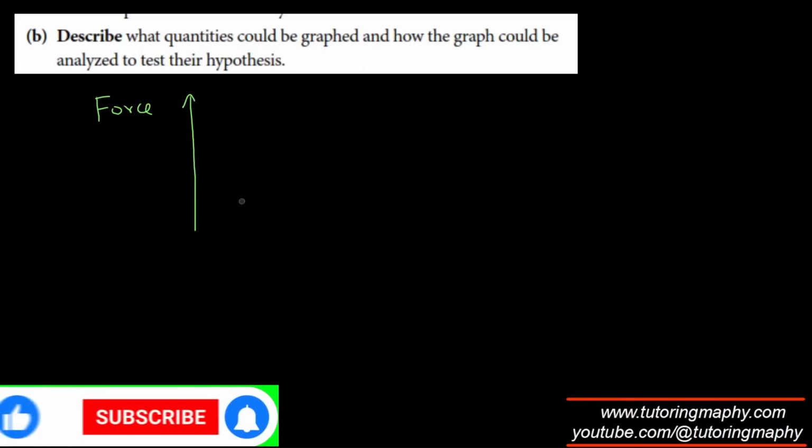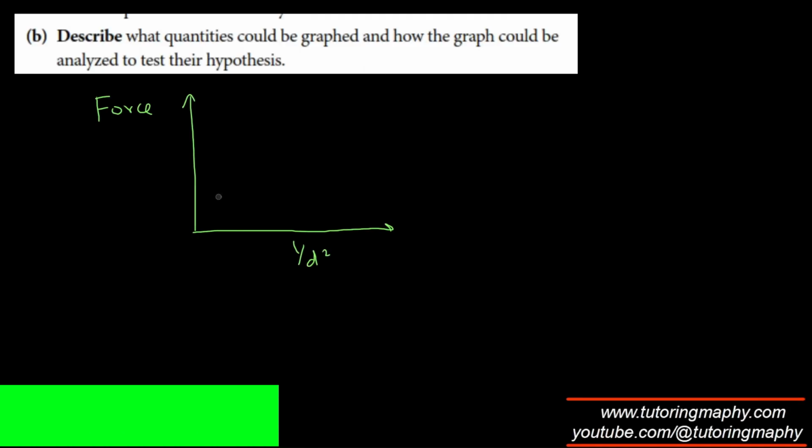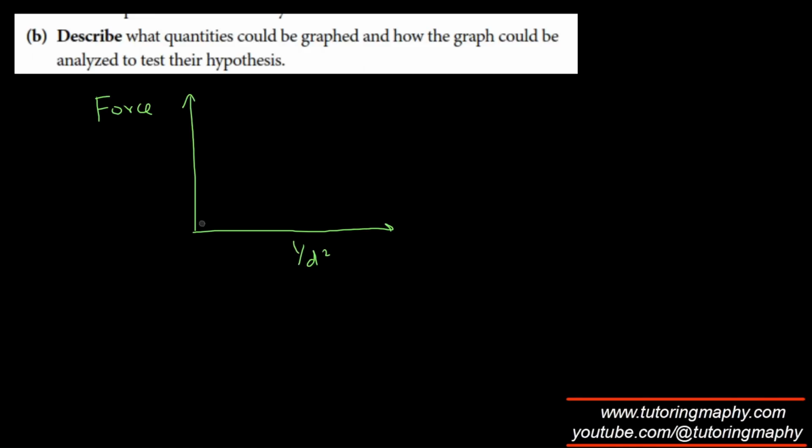Next, they are saying that what quantities are to be graphed and how the graph should be analyzed to test their hypothesis. So I want to graph force perhaps on y-axis and 1 over d square on the x-axis, right? And if the hypothesis is correct, force and 1 over d square, if they are proportional, it will result in a straight line.